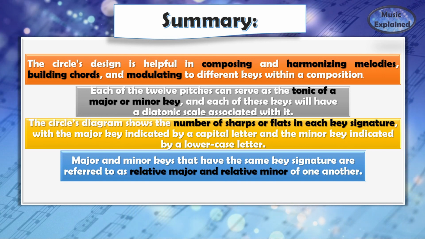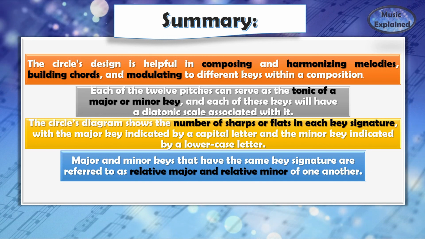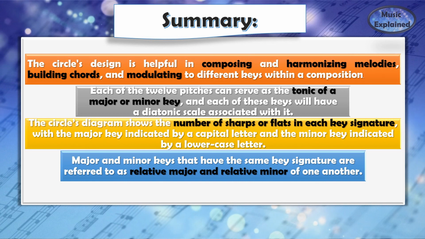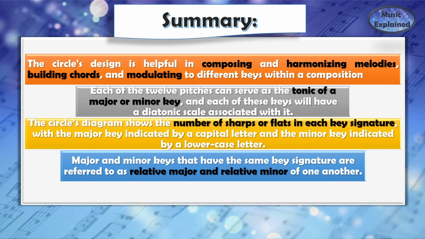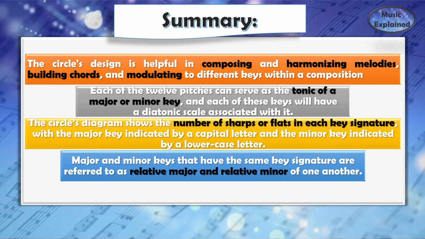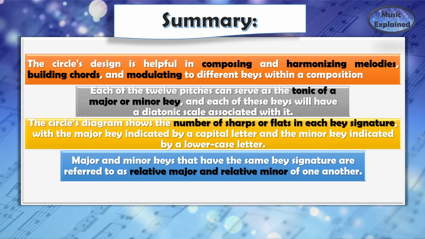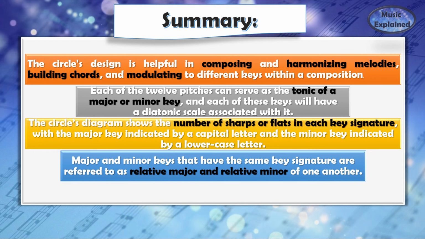The circle's diagram shows the number of sharps or flats in each key signature, with the major key indicated by a capital letter and the minor key indicated by a lowercase letter. Major and minor keys that have the same key signature are referred to as relative major and relative minor of one another.